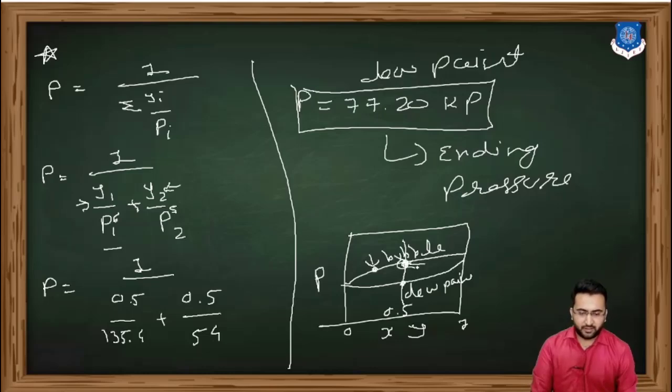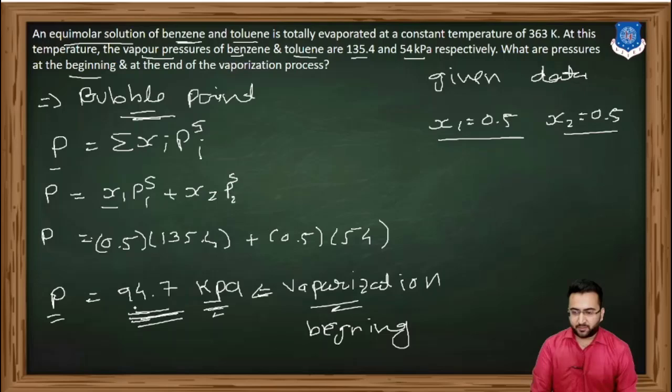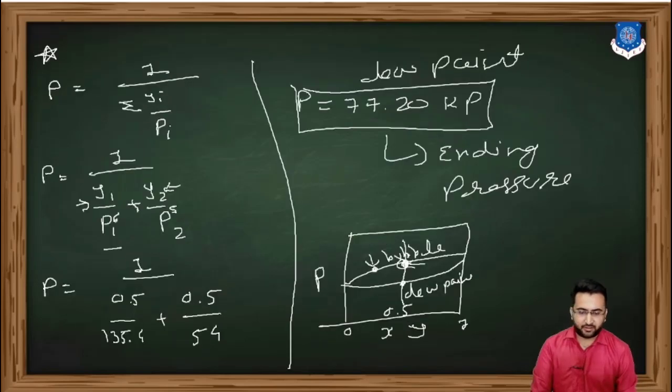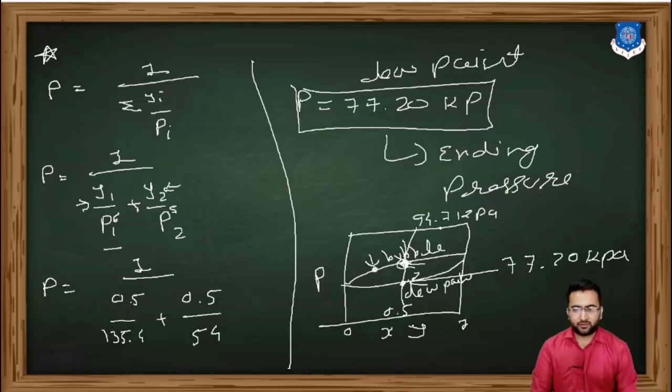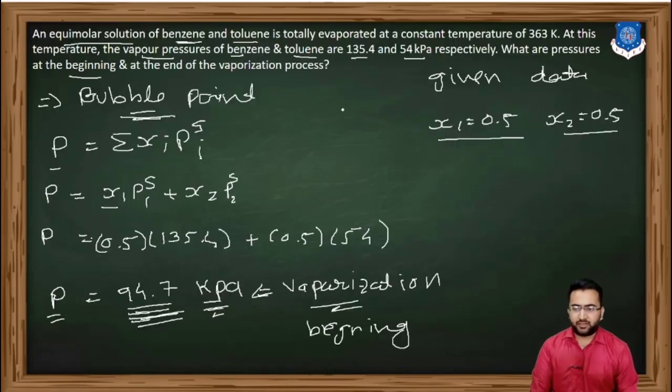This pressure is our bubble point pressure, 94.7 kilopascal, and this pressure, the dew point pressure, is 77.20 kilopascal. So this is how we can calculate the bubble point pressure and the dew point pressure, or the beginning and end of the vaporization pressure. This is how we can calculate this numerical.